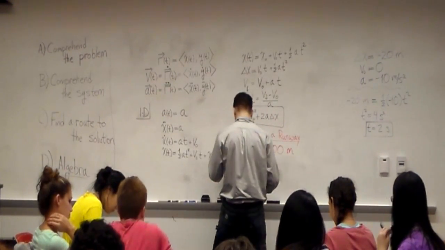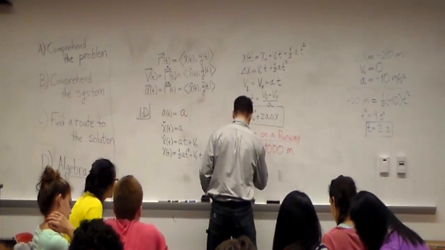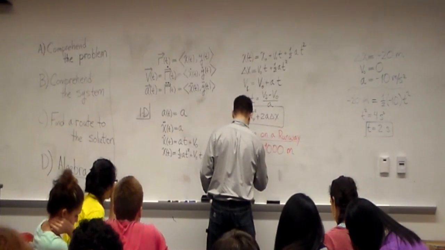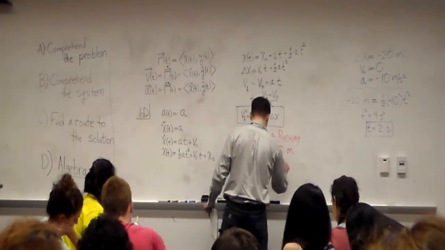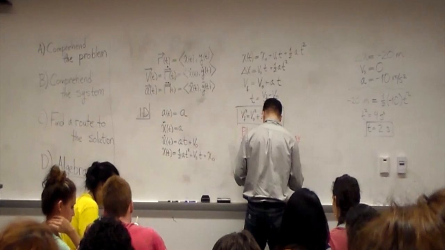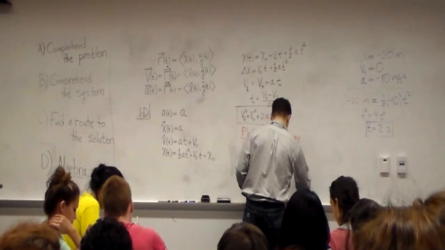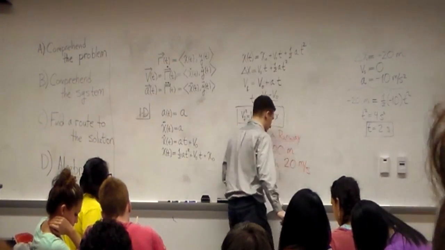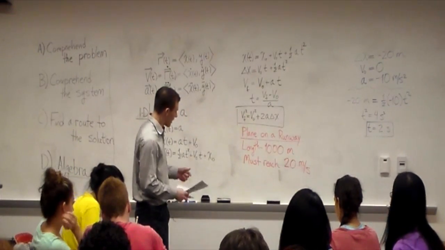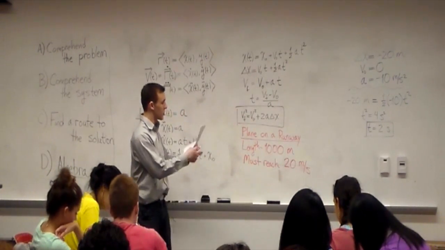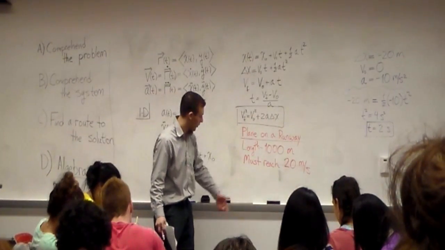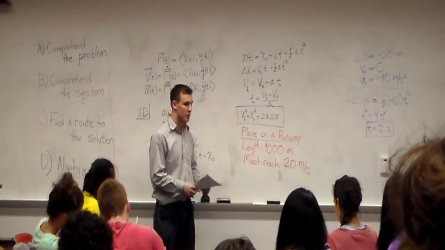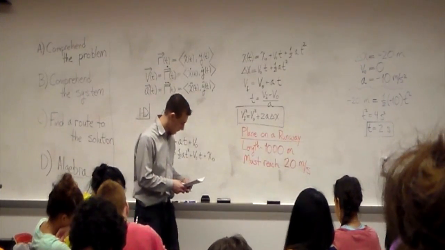And in order to take off, the plane must reach 20 meters per second. Otherwise, it's going to run off the end of the runway. So the question is, what must its acceleration be in order for this to work? You have a kilometer-long runway, and you have to get to 20 meters per second. So what do you do?